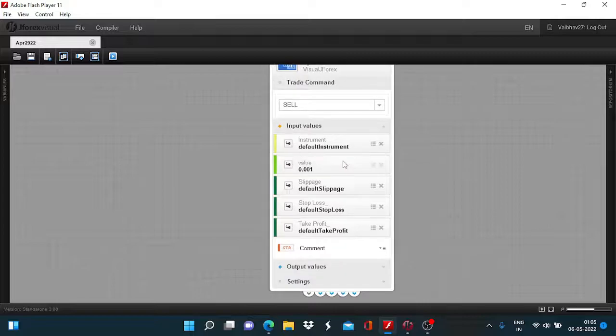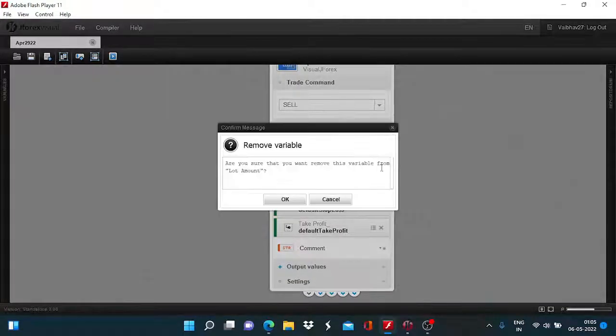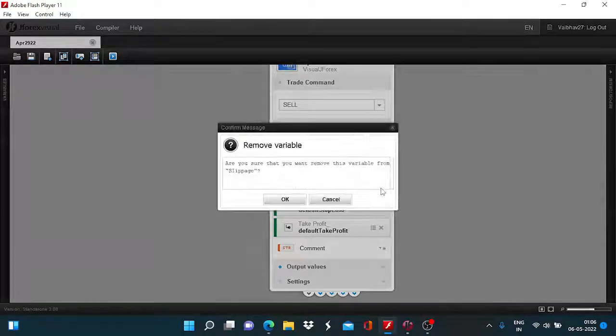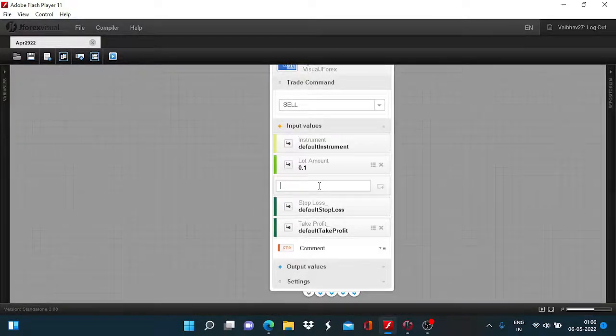So here we are. Now we have to define these input parameters. Trade amount is going to be 0.1 million. Slippage, I think 2 pips is good enough. Stop loss will be same as we had put in for the buy side.